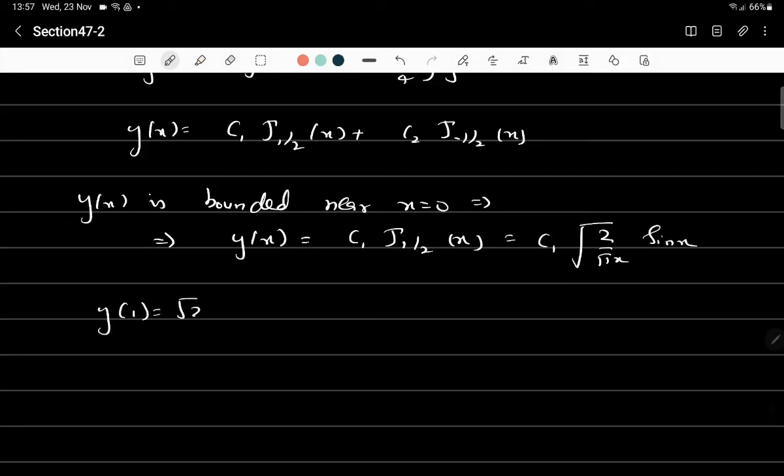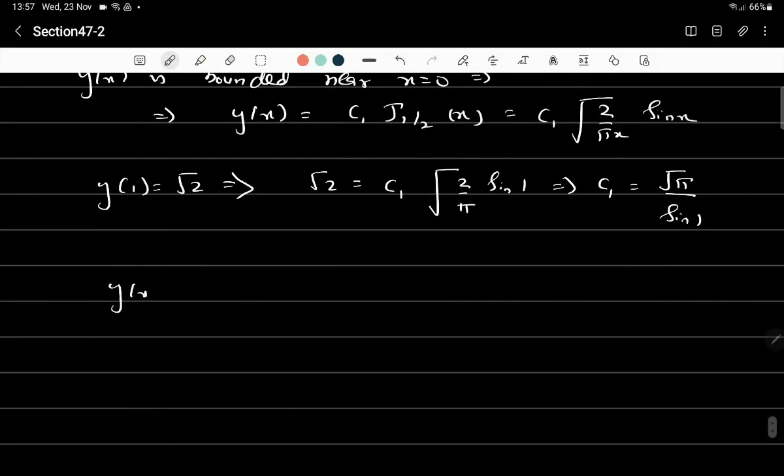So y of 1 equal to root 2 implies root 2 c1 into root 2 by pi, I substitute x equal to 1, and sine 1. So that gives me c1 is equal to root pi by sine 1. Root 2 cancels out. It means my y of x is root pi by sine 1 times J half x.